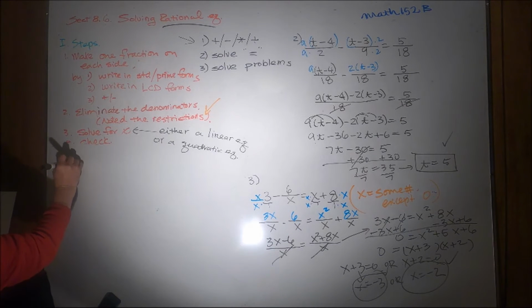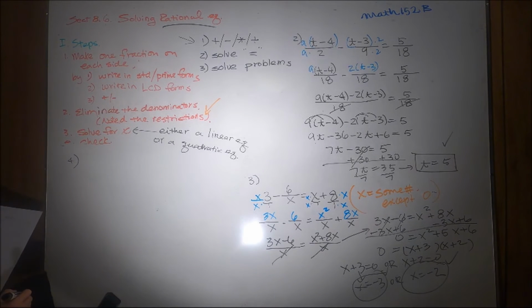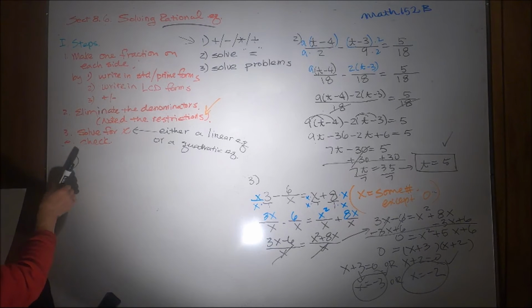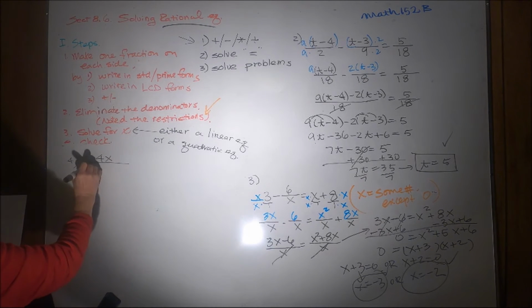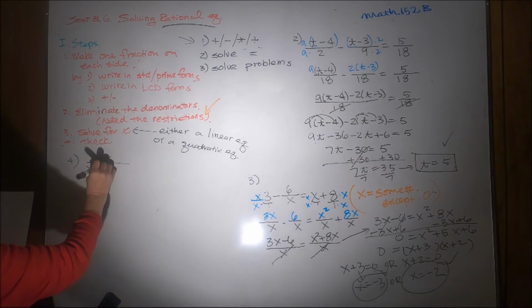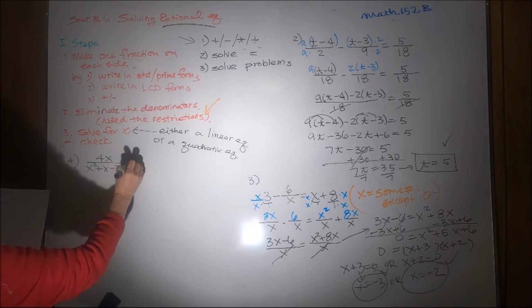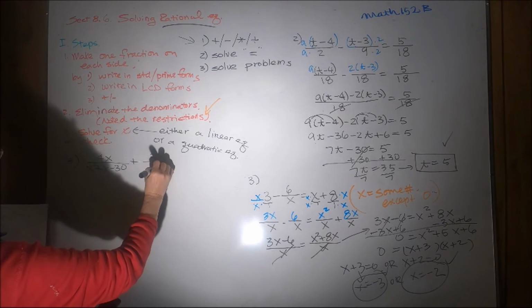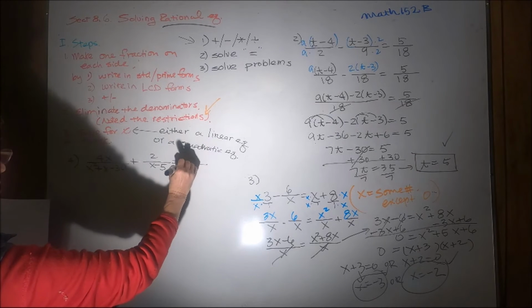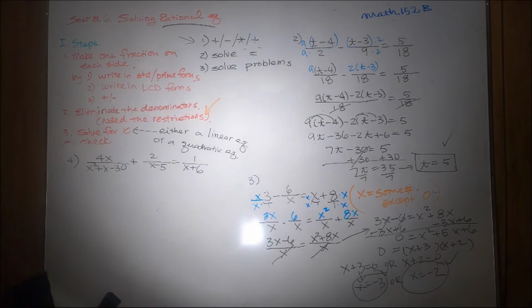So let's look at another example. We were on number 3, this one is 4. So 4x over x squared plus x minus 30 plus 2 over x minus 5 equals 1 over x minus 6. Right?